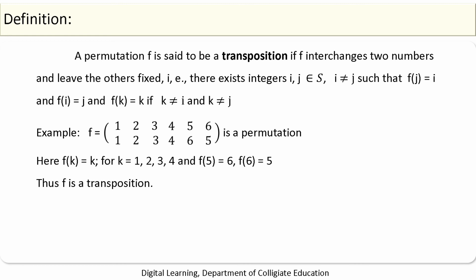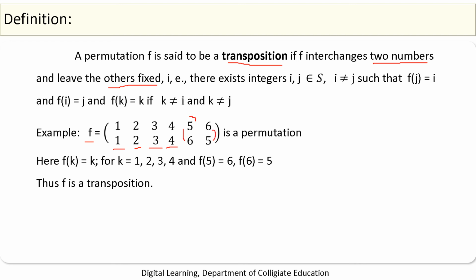Let us move on to the next definition, transposition of a permutation. Any permutation F is said to be a transposition if it interchanges two numbers and the others are fixed. Look directly at the example F here, you can understand it better. 1 is fixed as 1, 2 as 2, 3 as 3, 4 as 4. 5 is mapped onto 6, 6 is mapped onto 5.